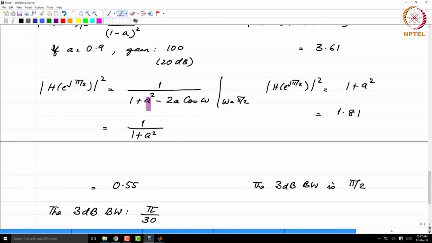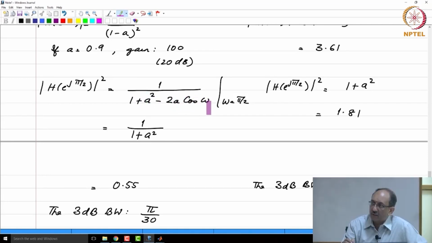In general, it will be 1 by 1 plus a squared minus 2 r cos of omega minus theta, and then you need to find at which point the gain drops by half. Find out what the maximum gain is, and relative to the maximum gain, at what frequency does this drop by half.